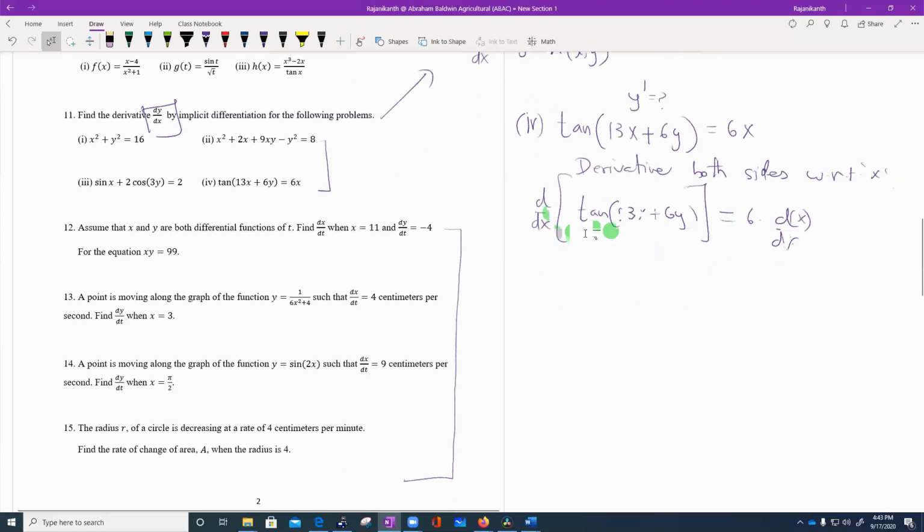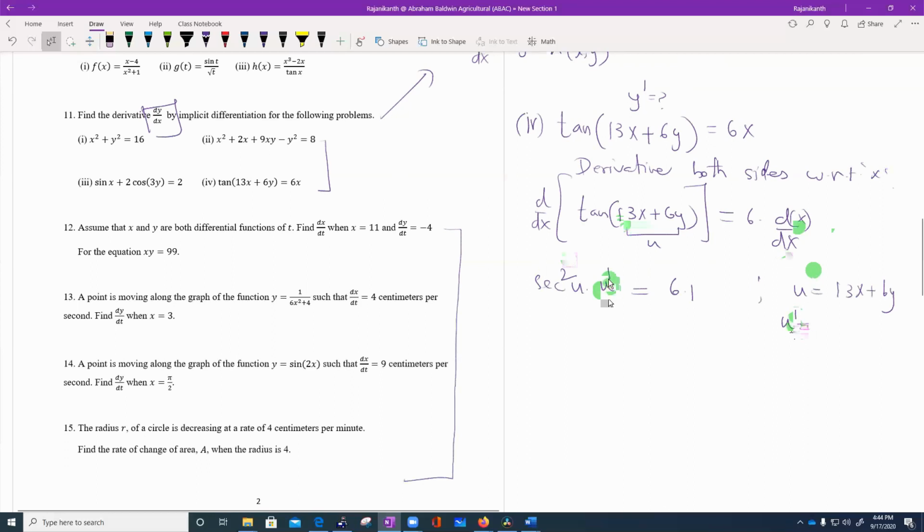Now here you have to use the chain rule, right? So let the inside function be u. The derivative of tangent u is secant squared u, but the inside function u should be differentiated with respect to x, so that is u prime. On this side, 6 dx over dx is 1. Remember, my u was 13x plus 6y. What is u prime?